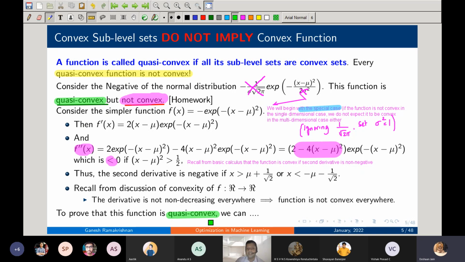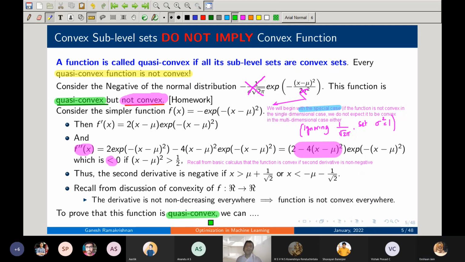Log x is quasi-convex, but it is a concave function. There is no relation between quasi-convexity and convexity, because even concave functions can be quasi-convex.